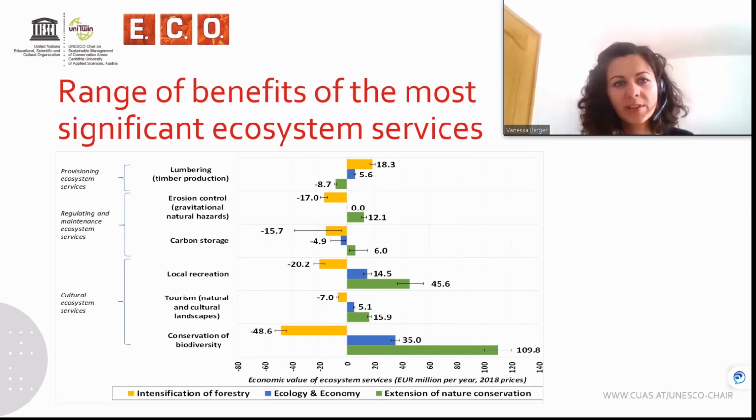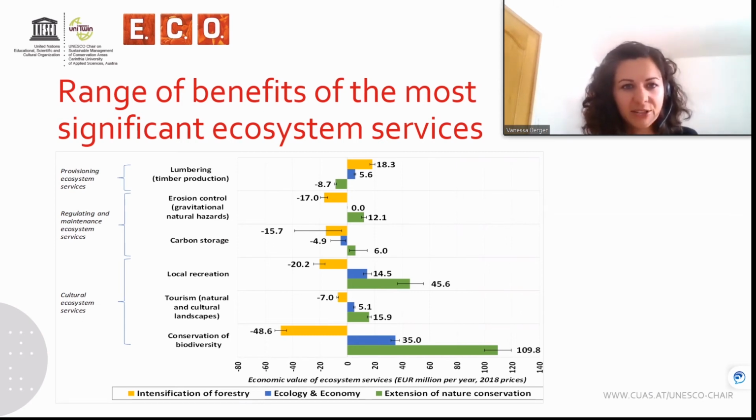It's not only the lumbering. Lumbering means the amount of timber we can sell and get money out of. It's also the erosion control, the carbon storage, the local recreation, and the tourism where we get value out of it. It's not money, but for human well-being, those ecosystem services are also very important.